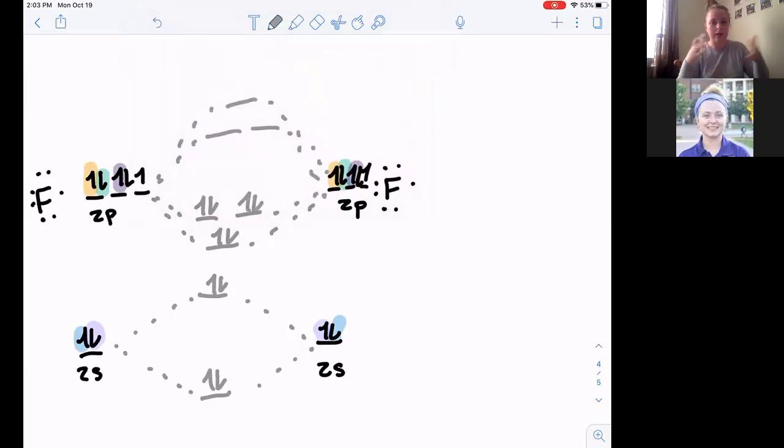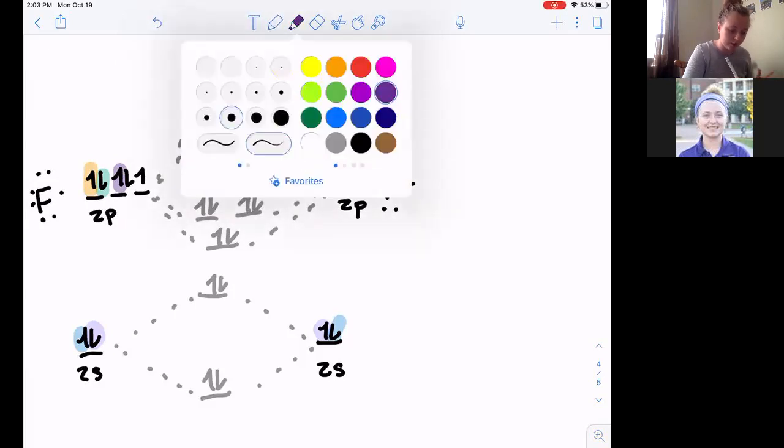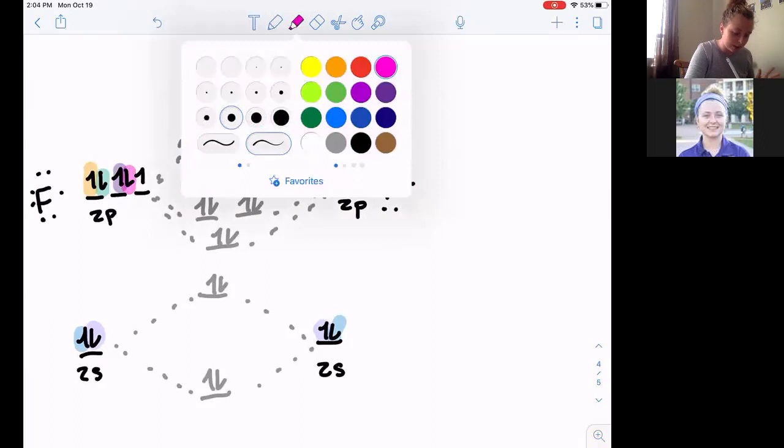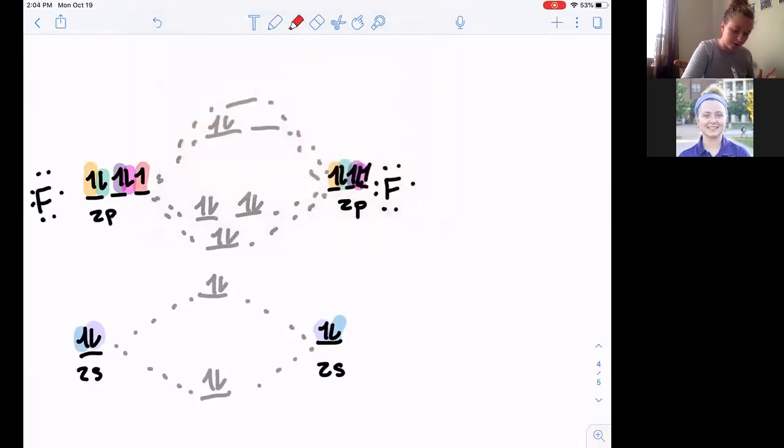As you can see, at this time I'm filling it in, making sure everything goes in as best as it can. It may not get to the top, and that's fine. That just depends on how many electrons are there. So, sweet, we filled this in with the right amount of electrons.